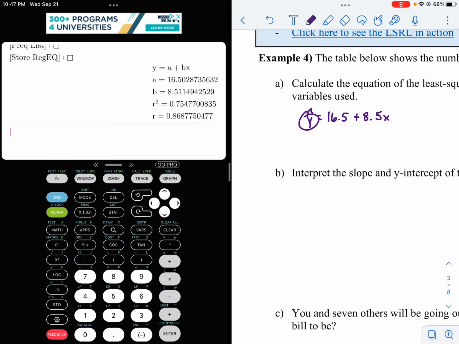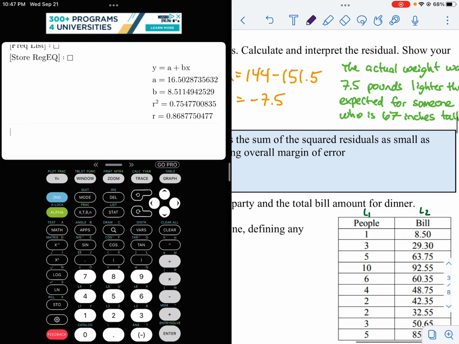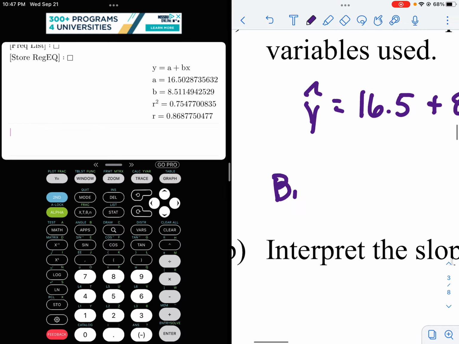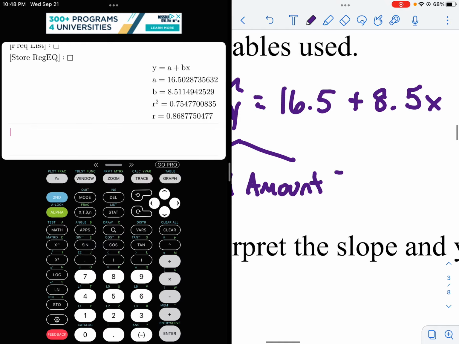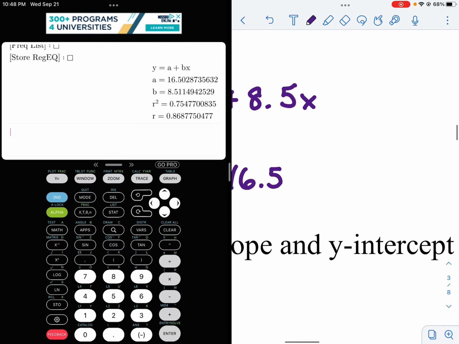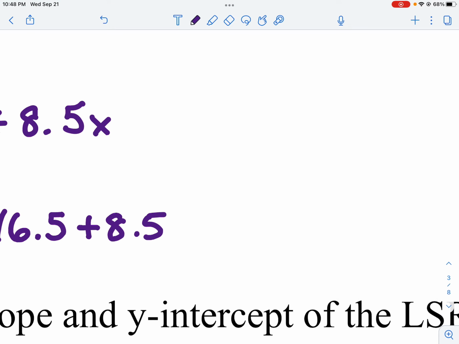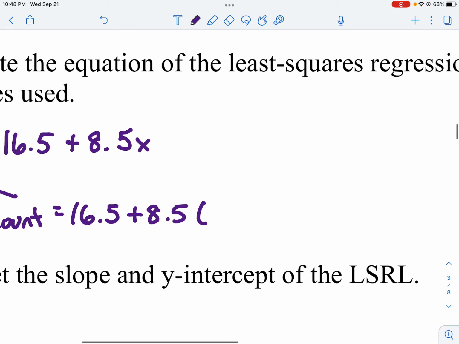So instead of y hat, I have to think about what y represented, and that was the bill amount. So the predicted bill amount is equal to 16.5 plus 8.5, and then our x was people.